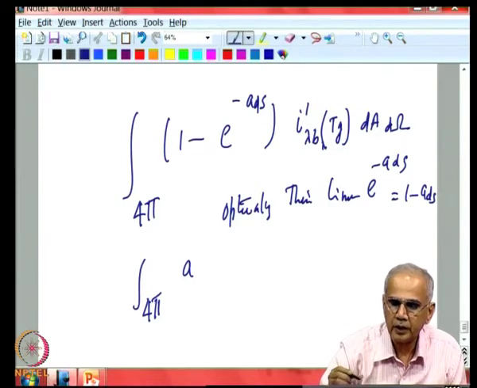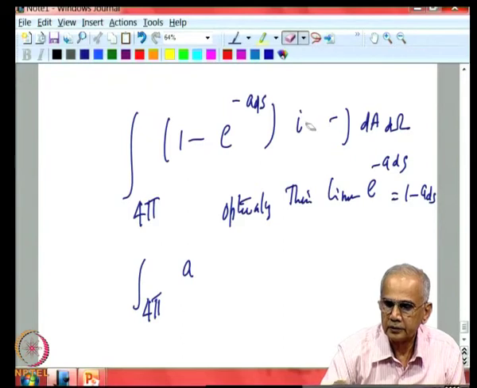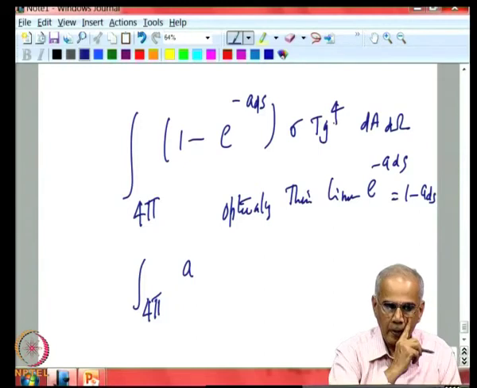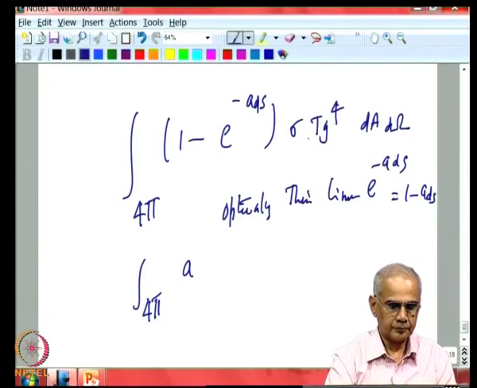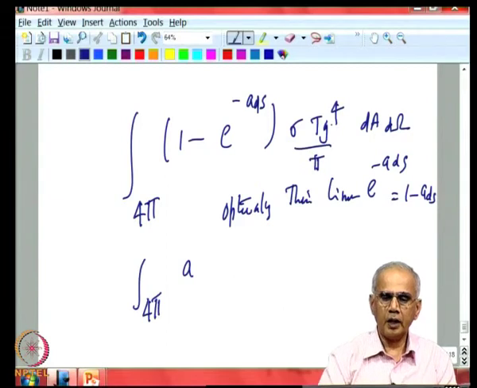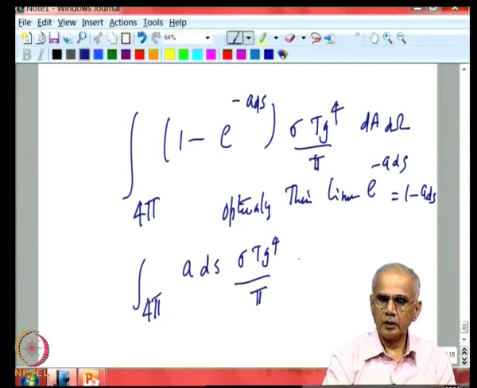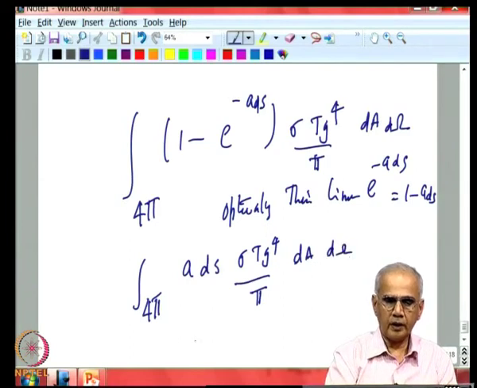I am dealing with gray gas here, let me just write this as sigma Tg to the power of 4 by pi, and in this limit this becomes a ds into dA into d omega, and we will finally approximate this as 4, because this will give you a 4 pi.